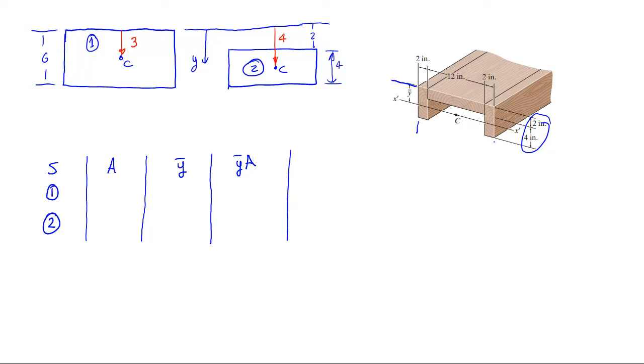Okay, from here to here is 12 and 4, 16, so that means this is 16. And this distance is 12. So the area of section 1 is 16 by 6, or 96.